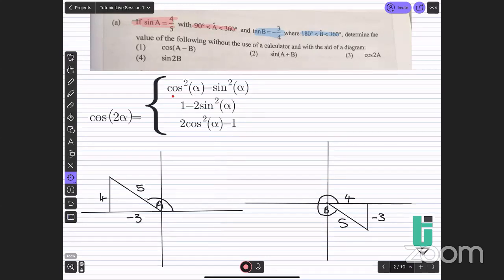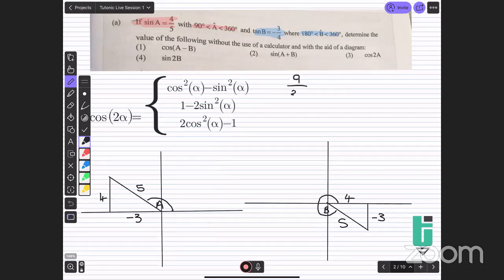In the previous question, we said that cos squared. So what's cos squared A from this? Negative 3 over 5 squared, which is 9 over 25.